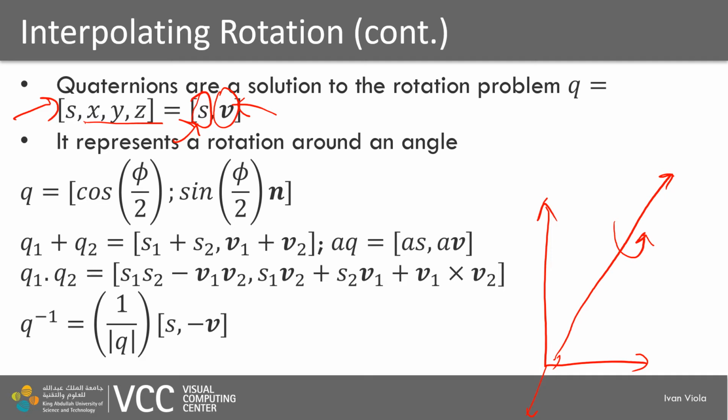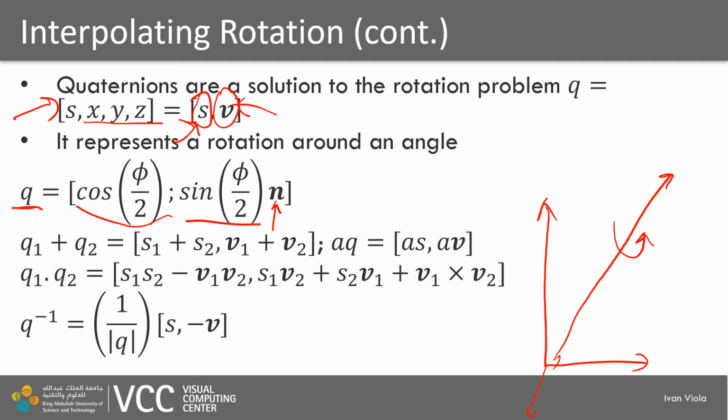Not completely as in the axis angle representation, because you can see that it is a little bit intermixed. In the quaternion representation, the first scalar value is the cosine of the angle under which we want to rotate around a particular axis. And the second part is the normal of our axis around which we want to rotate, scaled by the sine of this angle.